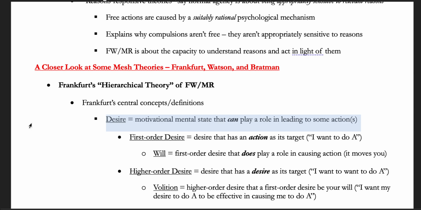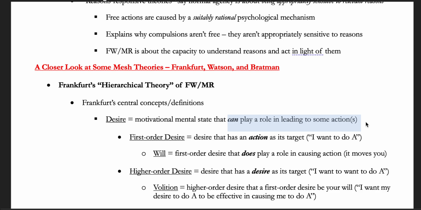So a desire, just think of that as a motivational state, a motivational mental state. By motivational I just mean one that has the ability to play a role in leading you to do stuff. So if you desire to drink coffee, then part of that desire's motivational character is its ability to help move you to go drink coffee.